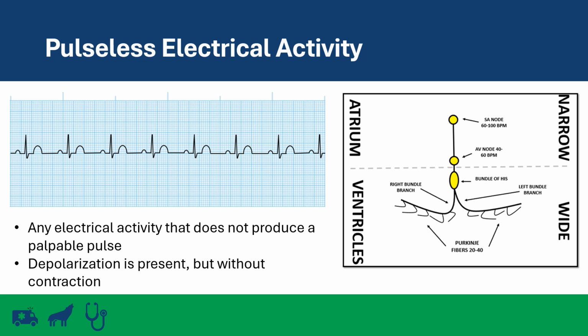So VFib would not be a PEA. Ventricular tachycardia is not considered PEA, it's considered VTAC. But it's any organized electrical activity, so normal sinus rhythm, sinus tach, whatever, that just doesn't generate a pulse. Okay, you have electrical depolarization present, but you don't have contraction.